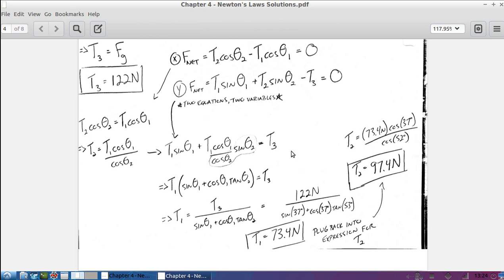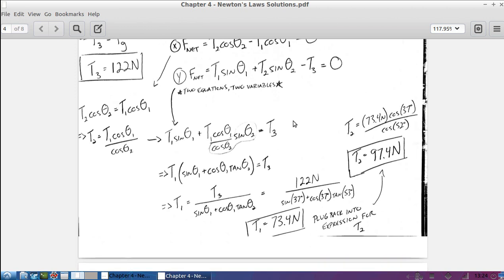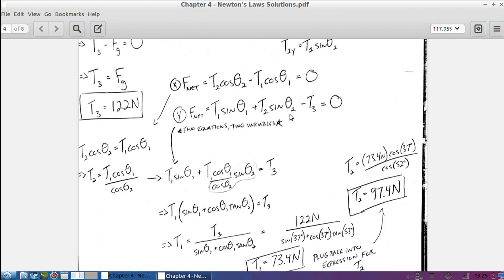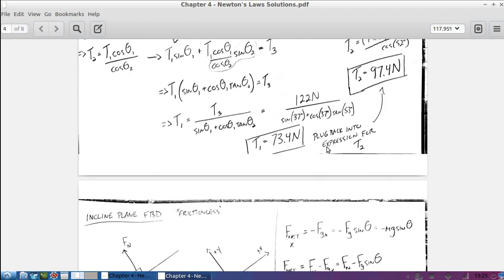Sometimes linear combination is a little bit easier. I always stick with substitution because I'm comfortable with it, or I try to anyway, unless it's clearly more straightforward to do a linear combination method. Okay, the rest is just algebra. Once you get Newton's second law, I solved for the two missing variables, and that was it.